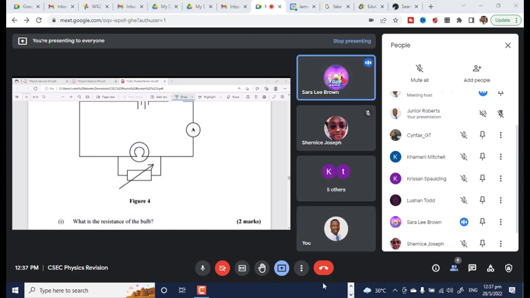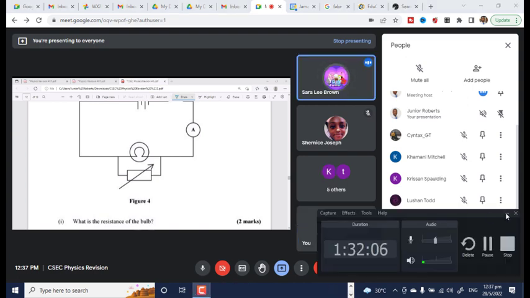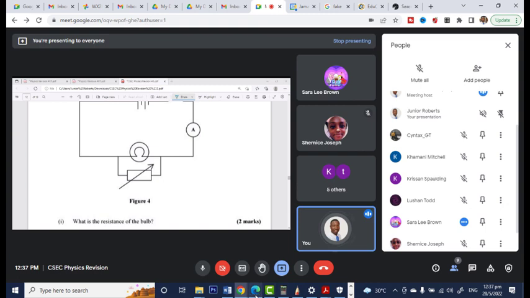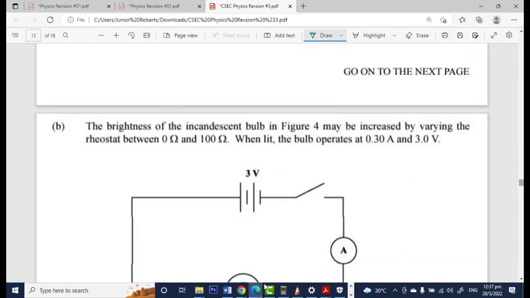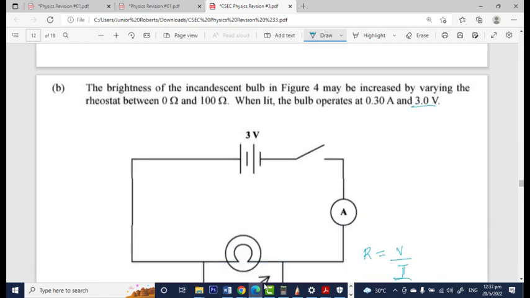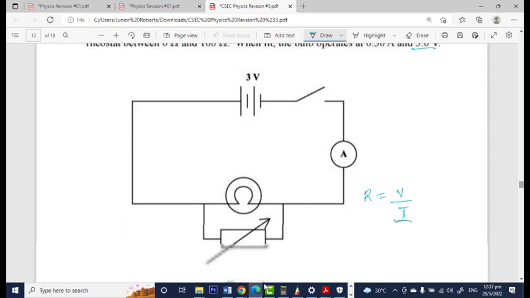Yes, sir. Sir, is it R equals V over I? R is equal to V over I. So the resistance R is equal to the voltage divided by the current. From Ohm's law, V is equal to IR, we transpose to make R the subject, and we get R is V over I. They said that V was 3 volts and I is 0.3 amperes.